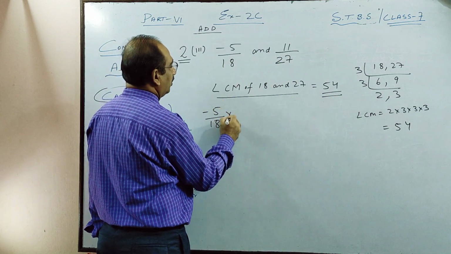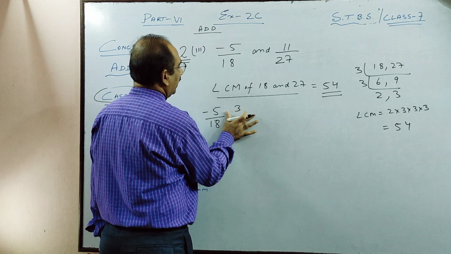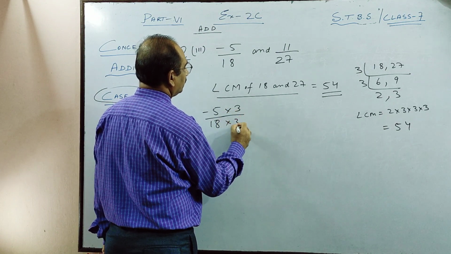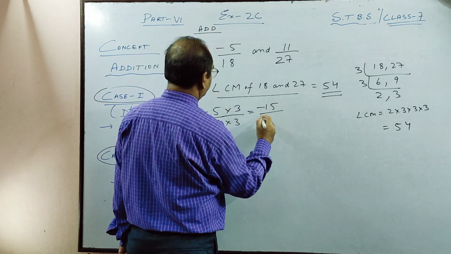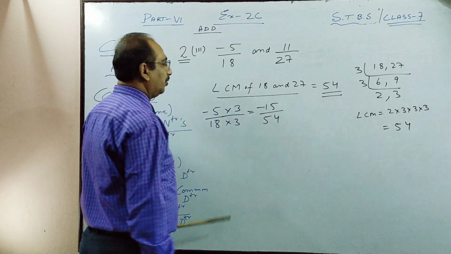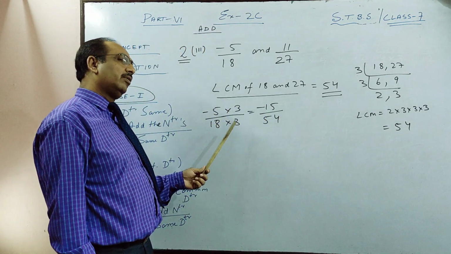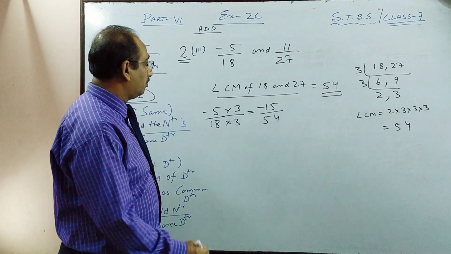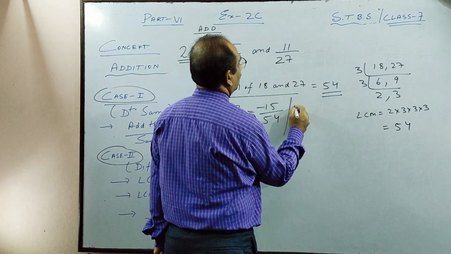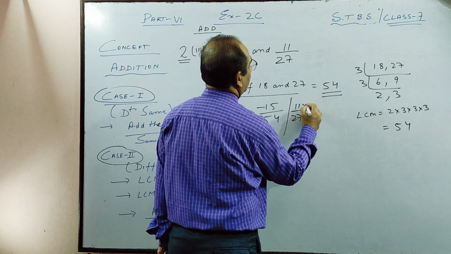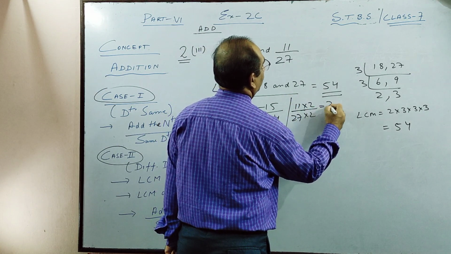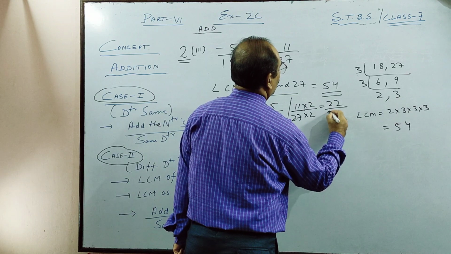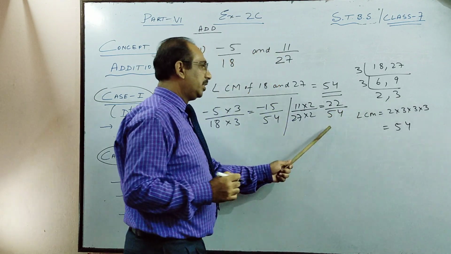So I convert this into denominator 54. We multiply and divide by 3 because we want the denominator to be the same. Same way, 11 by 27 we multiply and divide by 2 to get the same denominator.